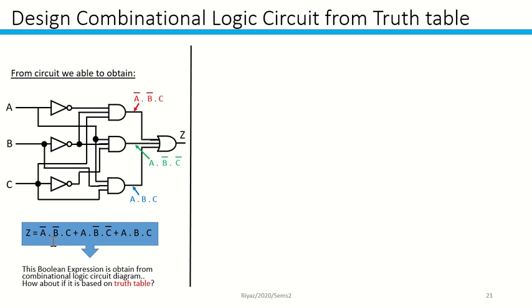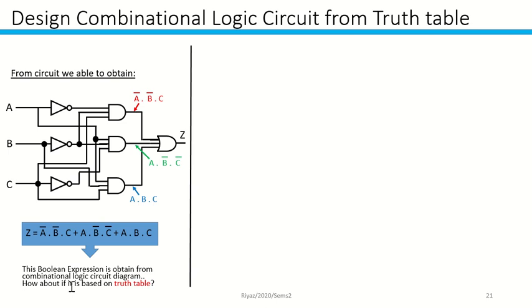So A bar B bar C, addition with A dot B bar dot C bar, addition with this one, A dot B dot C. So this Boolean expression we obtained from the combinational logic circuit diagram.